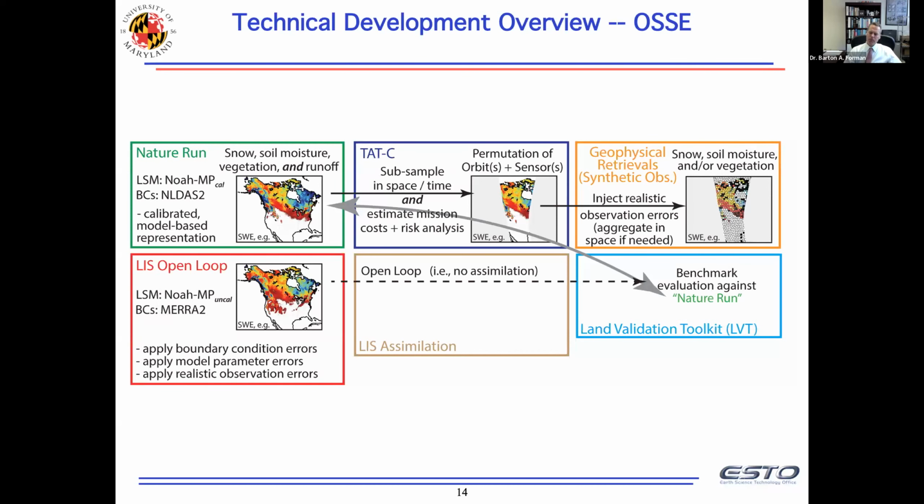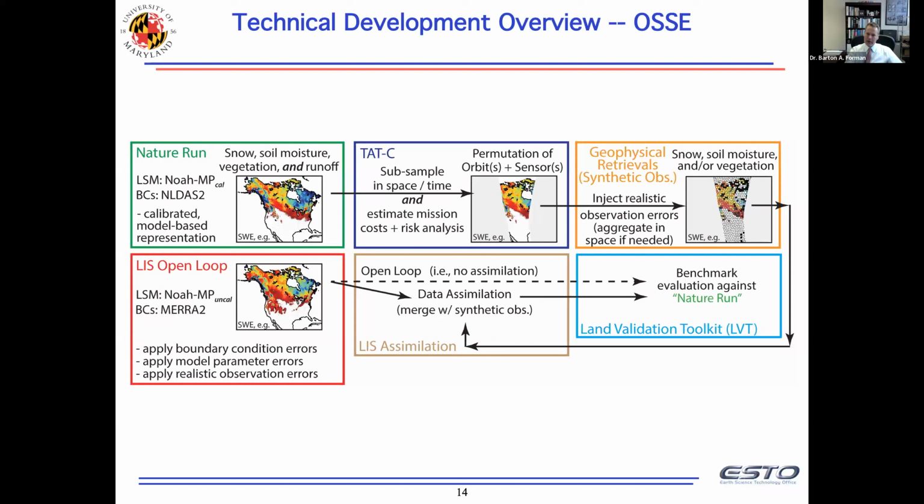And now we're going to go back, and we're going to bring these retrievals into our system. We're going to turn on the assimilation. We can run an experiment with an L-band radiometer, see how soil moisture assimilation does, compare that back to the benchmark.